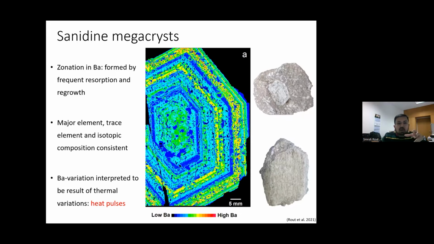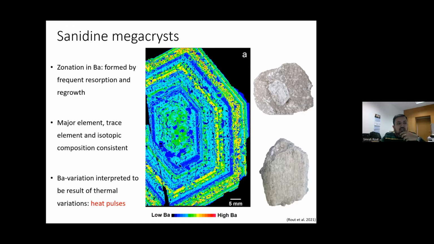And the zones are formed by frequent resorption and regrowth. You can see that each crystal has up to 15 to 16 distinct zones. And apart from barium and partially strontium and calcium, the composition remains more or less the same from crystal core up until crystal rims.